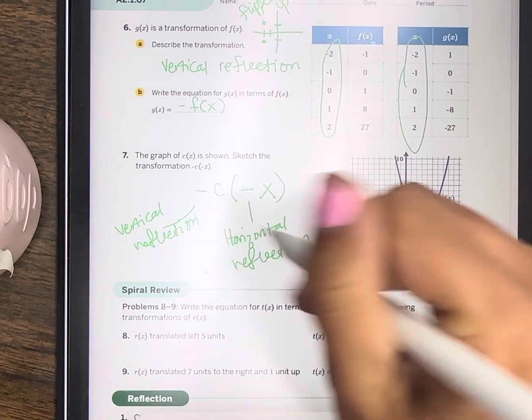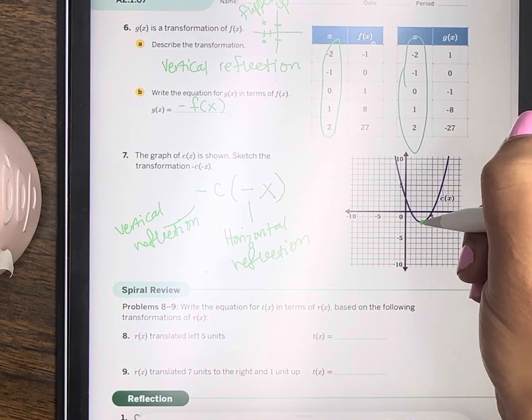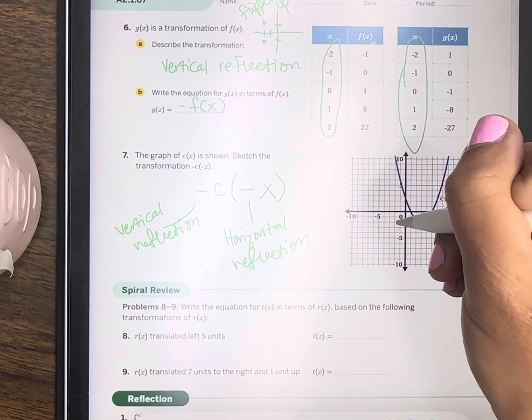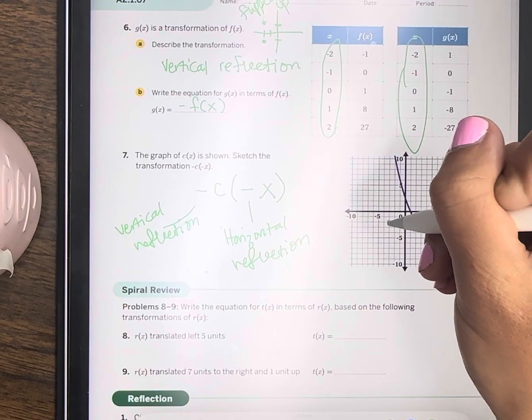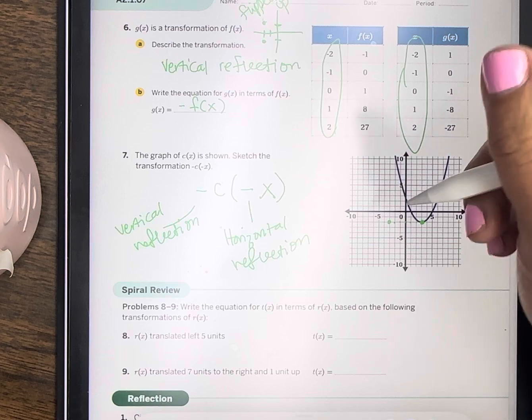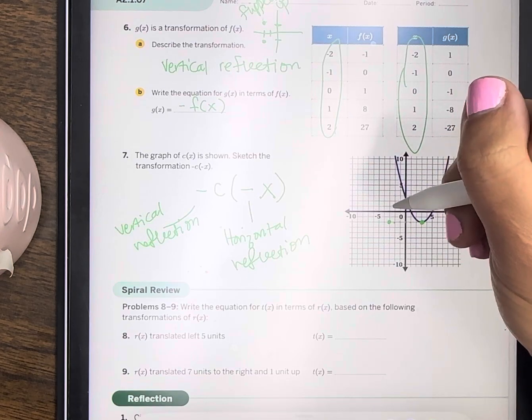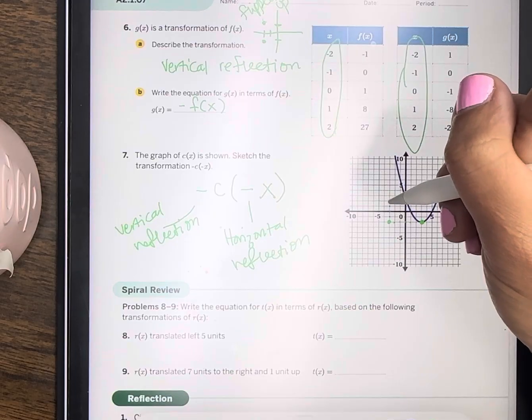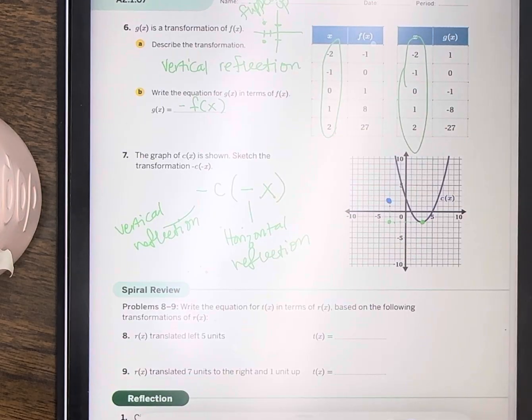You can flip them, you guys, in whatever order you want. So we can flip it horizontally first. It's 1, 2, 3 away. So it'll go 1, 2, 3 away in the opposite direction. And now this guy, we're gonna flip this way over the x-axis as well, vertically. 1, 2, 1, 2. All right, blue is the final product.